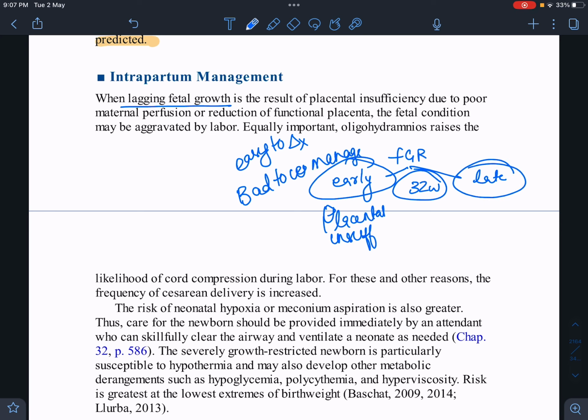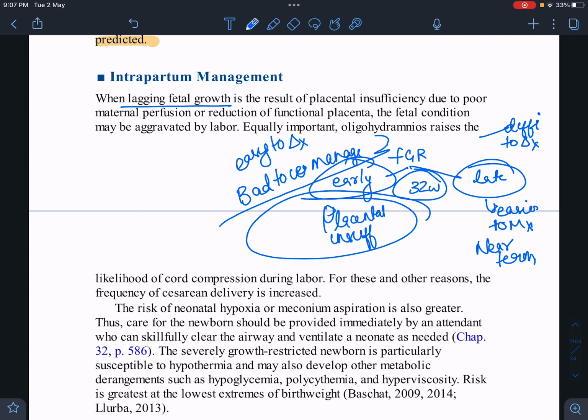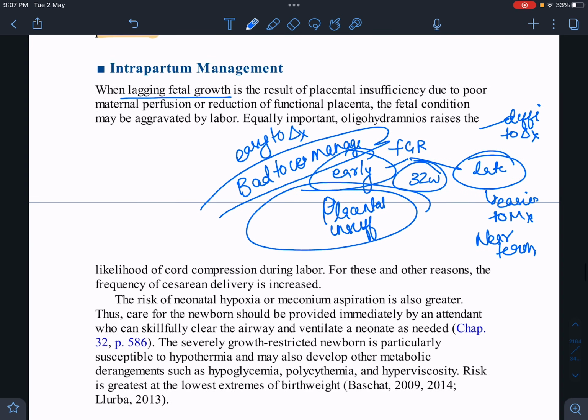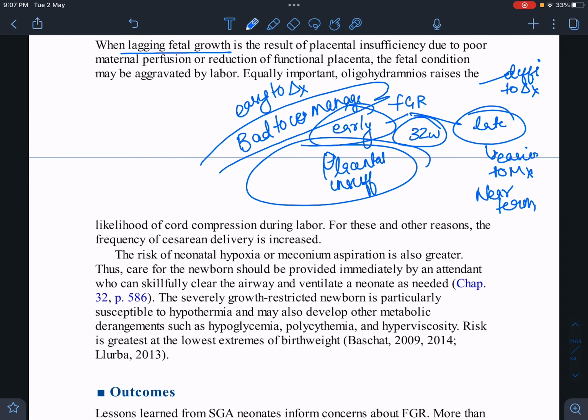Whereas the late onset FGR is difficult to diagnose but easier to manage because it is near term, no? So you can deliver, but here you can't deliver, so the management becomes really bad.